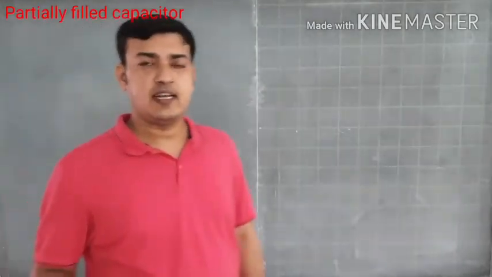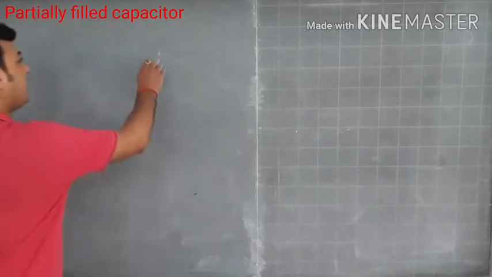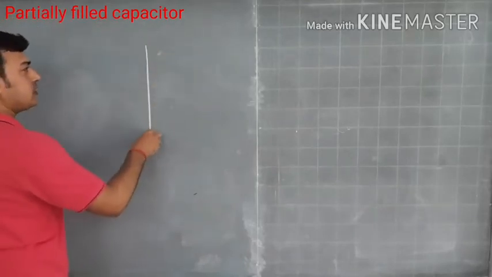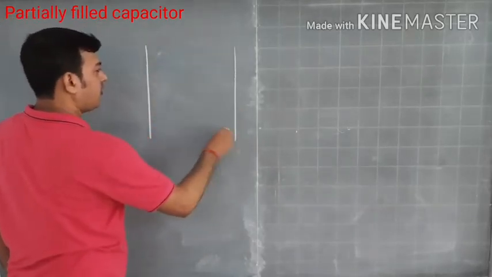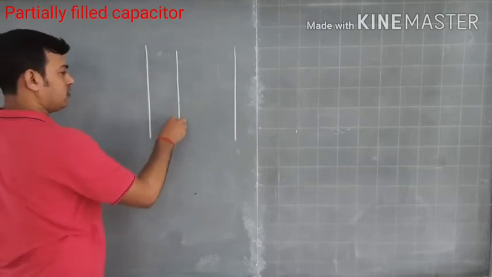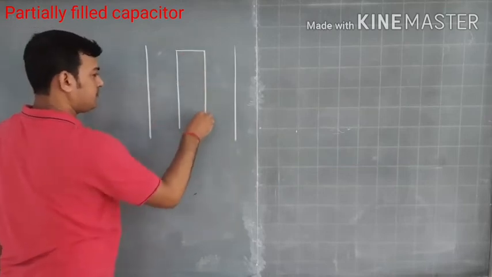Now we will consider a case when a dielectric is placed between the plates of a capacitor, but it is not completely filled.